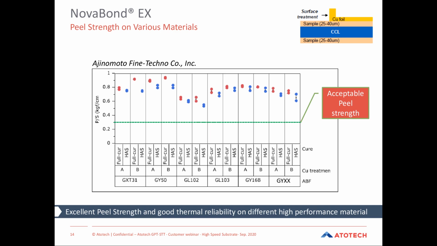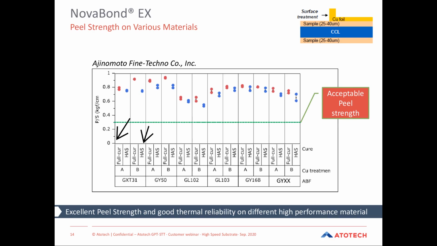Maybe I need to give an introduction about the full cure only. The full cure only, I just point out here, is only after the initial adhesion, and HAST means the peel strength after reliability tests, the HAST test with humidity.